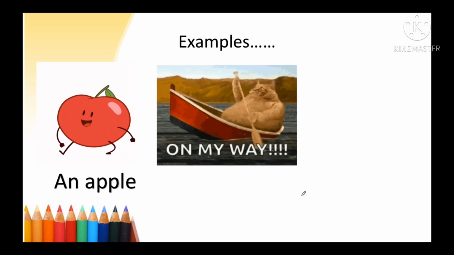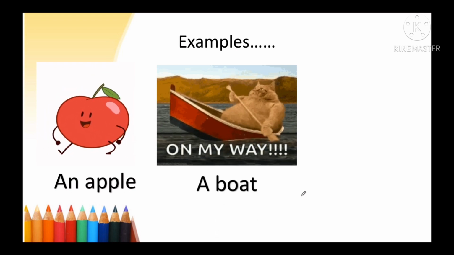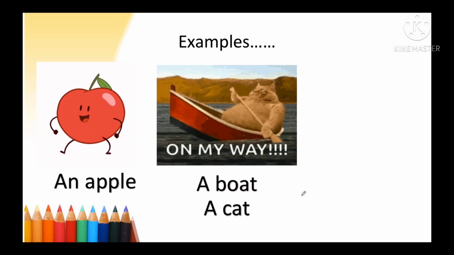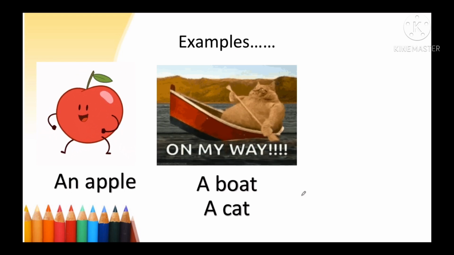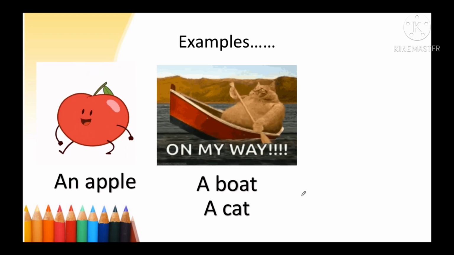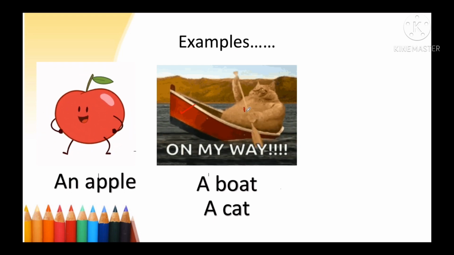How about this one? A cat riding on a boat. So we have a boat and a cat. See? We don't need to add s or es. It's because there's only one.